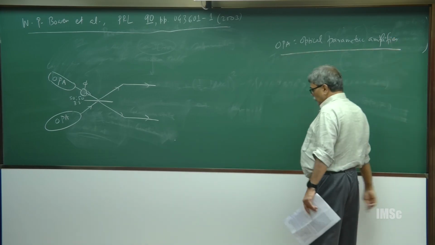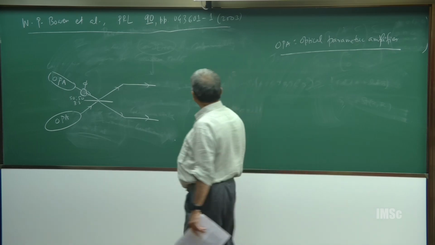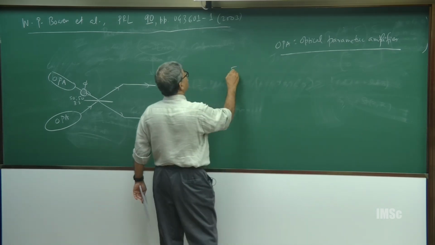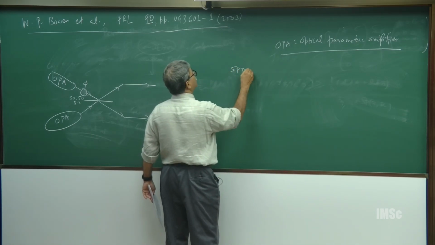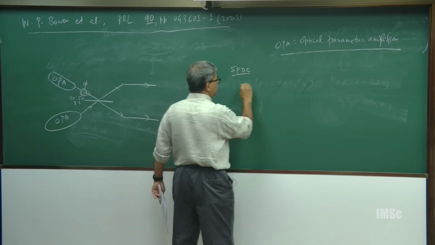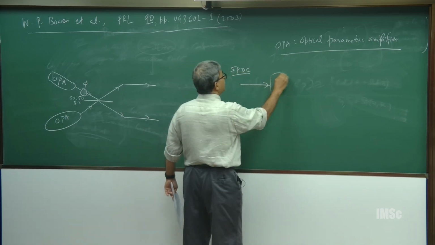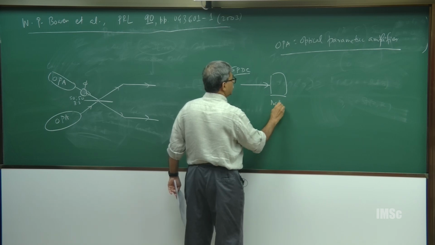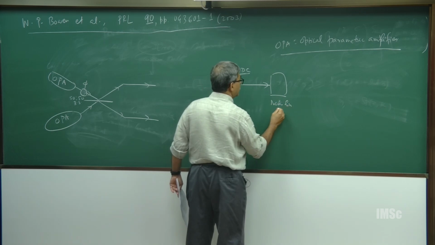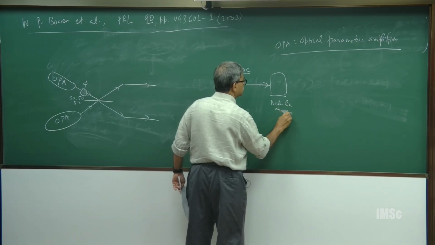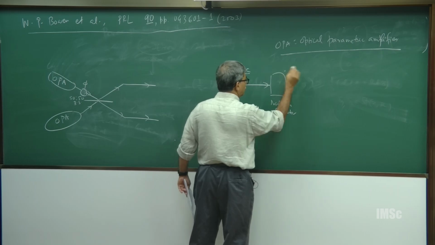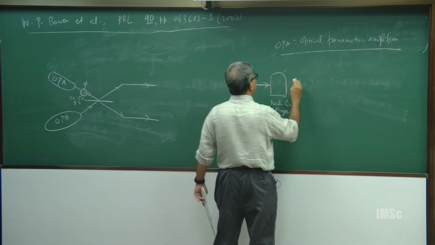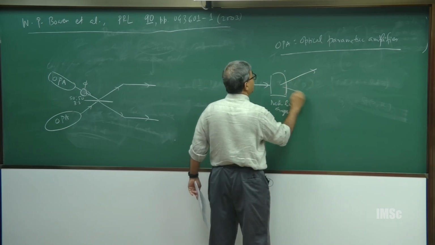So, in SPDC, spontaneous parametric down conversion, what happens is you have a pump beam and then you have a nonlinear crystal. Actually you need to have two, but anyway. Then occasionally you have two outgoing beams.